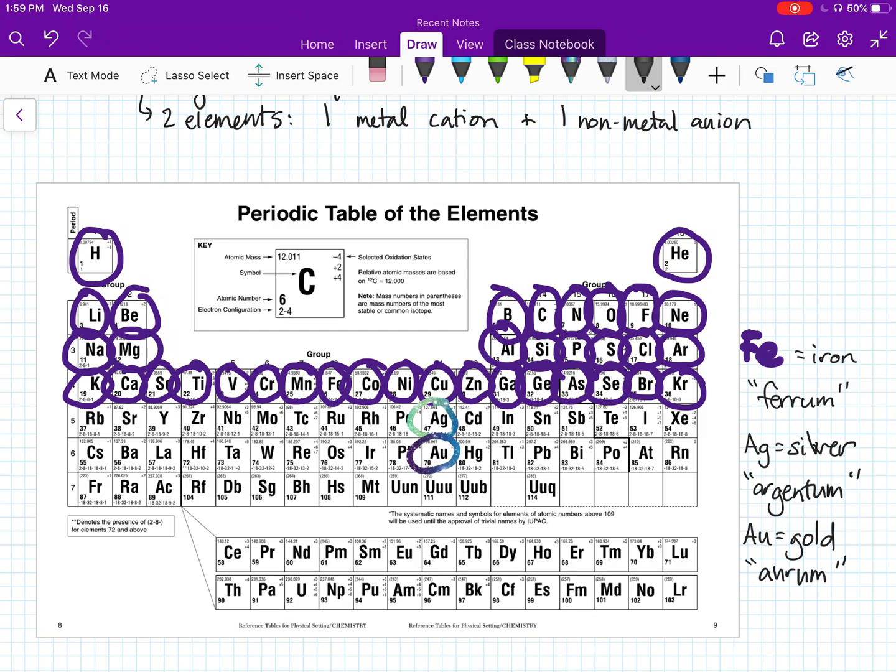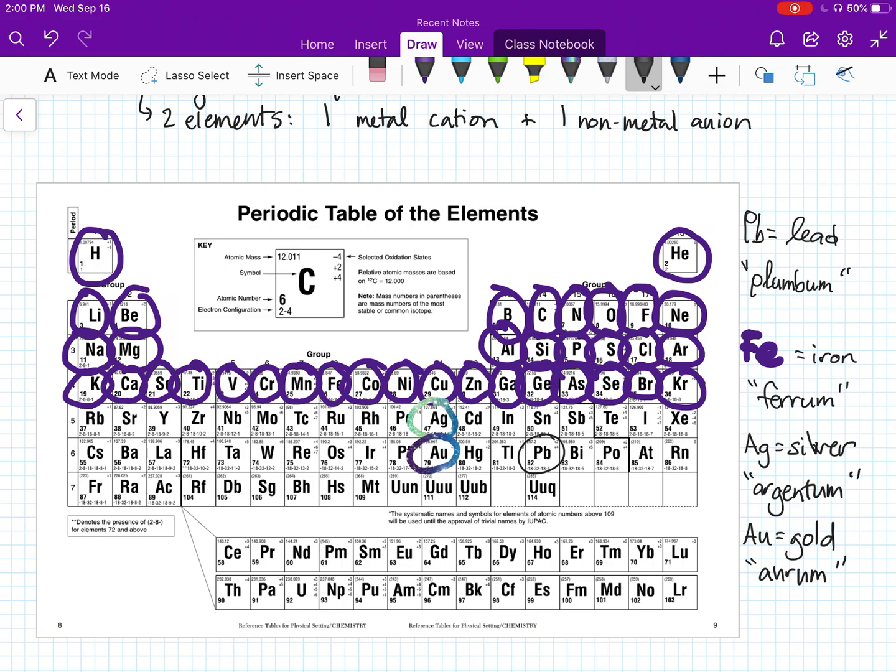What else has a Latin root? Pb is a good example. Pb is lead, like lead pipes, and that comes from the Latin plumbum, like plumber. So you can see that a lot of the symbols, particularly for the metals, come from Latin roots.